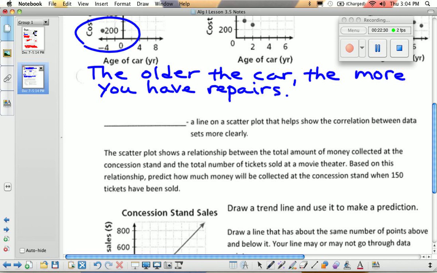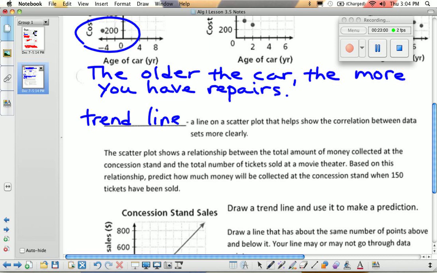So, okay, what's the next vocab word? A line on a scatter plot that helps show the correlation between the data sets more clearly is called a trend line. Now that is not a line that has fashion. That's not what that means, right? What we do is we draw a line going through the data points, and if it has a fairly good correlation, those data points should cluster pretty close to it.